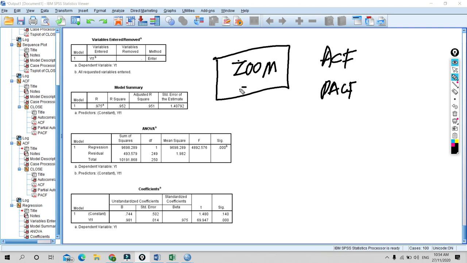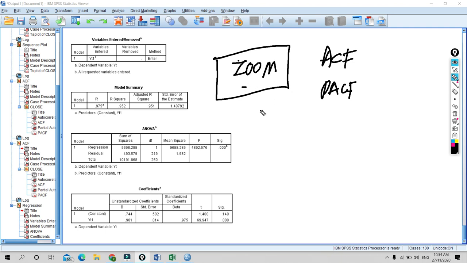I want you to plot the ACF plot for lag 1, lag 2, and lag 3.